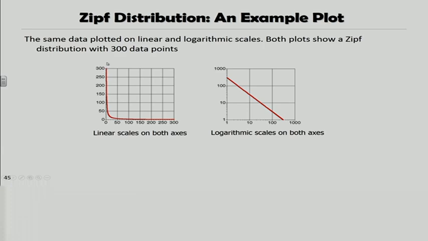For example, this is one experimental result, a real one. This is the x-axis, this is the y-axis. If you draw the distribution, you may draw it like this, but when you look at a log-log plot, you draw it like this.